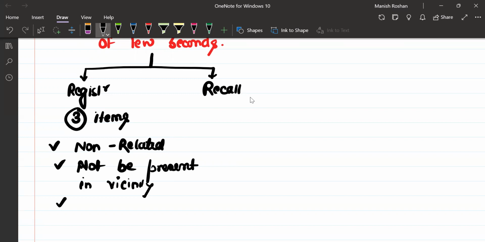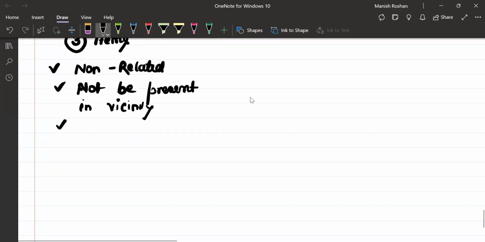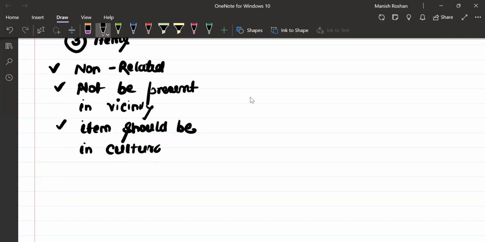And these items should be in cultural relation with the patient.